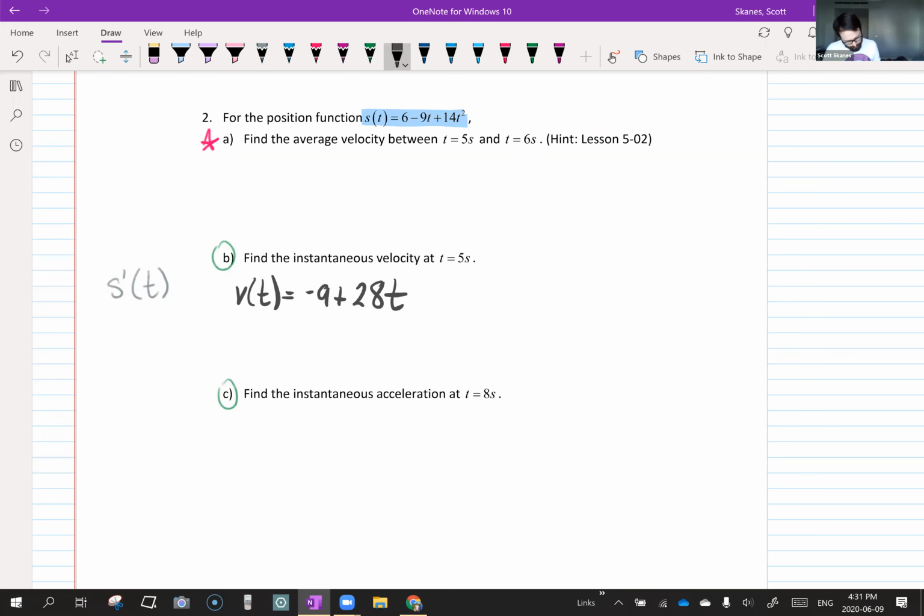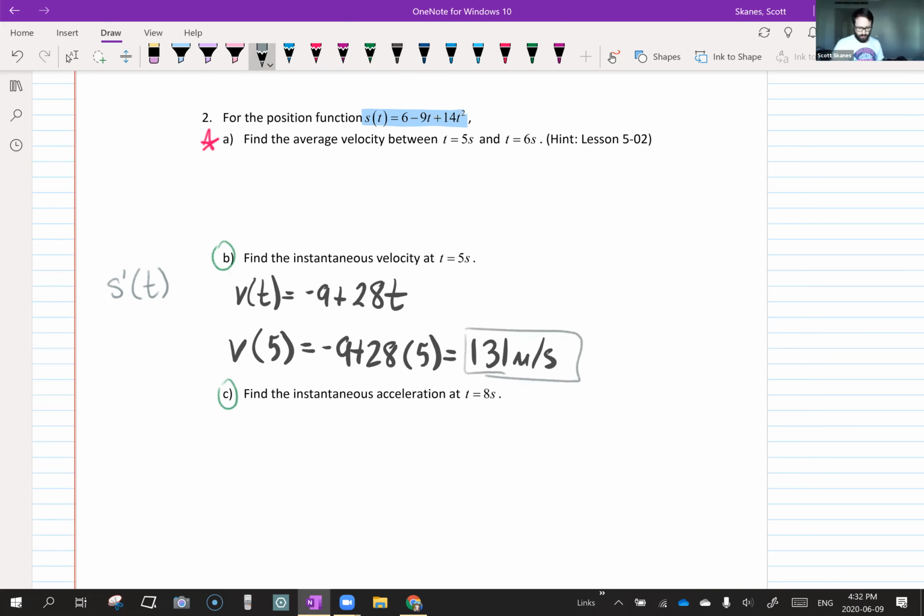So time is 5. So negative 9 plus 28 times 5. We calculate that. I get 131. The units are extra. I just know it's meters per second.